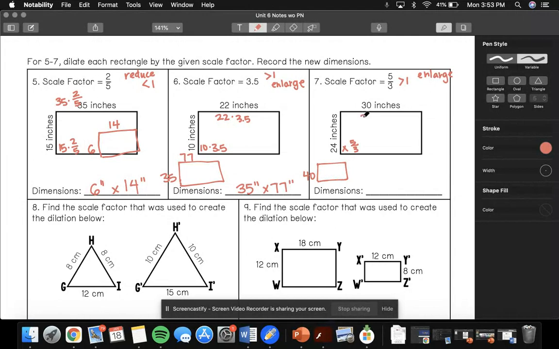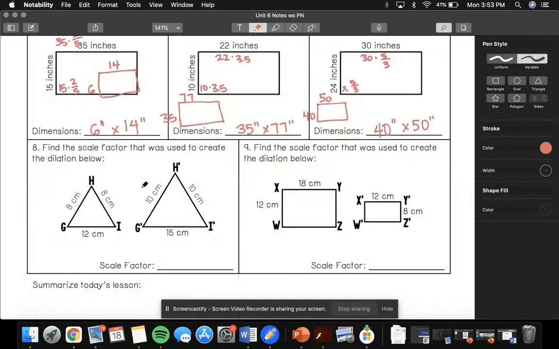Okay. And then I'm going to take 30 and multiply by 5/3, and I get 50. So the new dimensions would be 40 inches by 50 inches. Again, I notice that this has enlarged it.